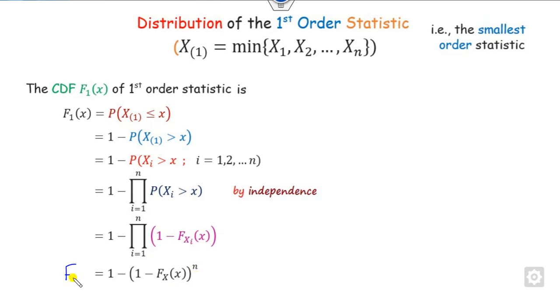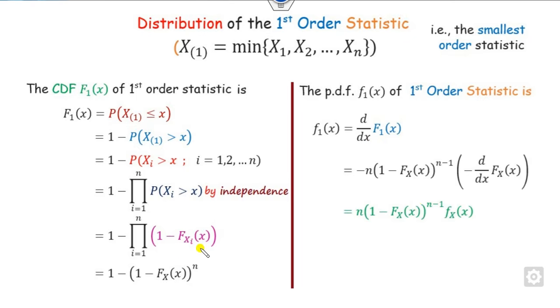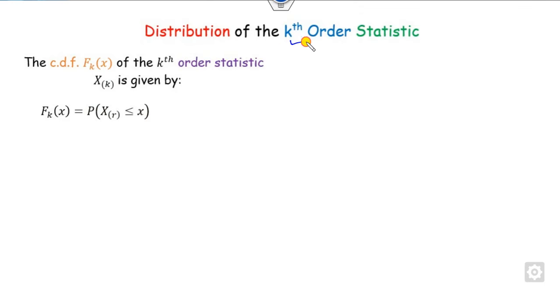So this is the CDF of the first order statistic. Based on this, you can define the first order PDF by taking the derivative of this. You must remember this also if you want to solve certain MCQ questions in your GATE or other higher competitive exams. Similarly, you can find the kth order statistic. You can start from the kth order like here. You can write it like here, this is the kth order statistic.